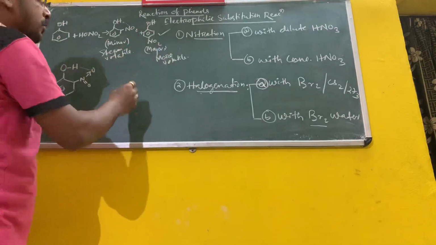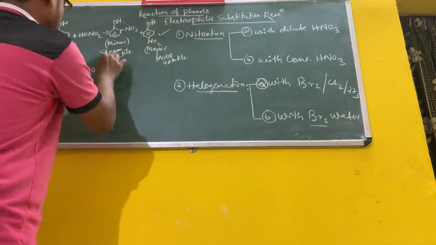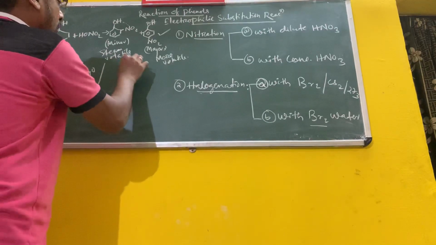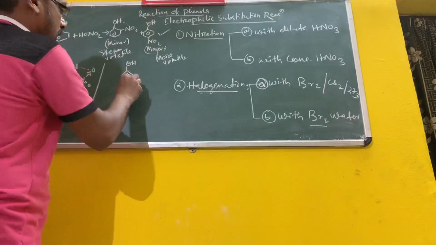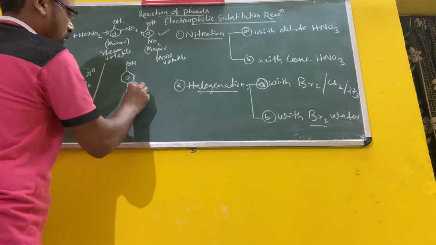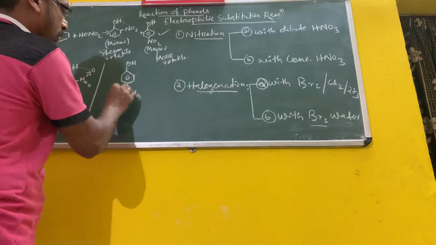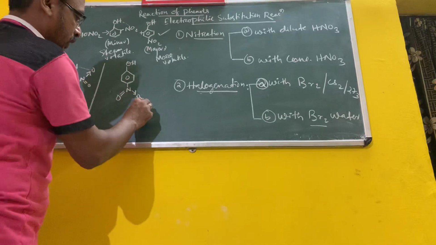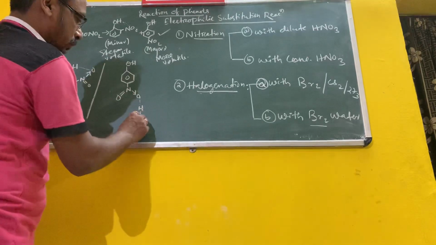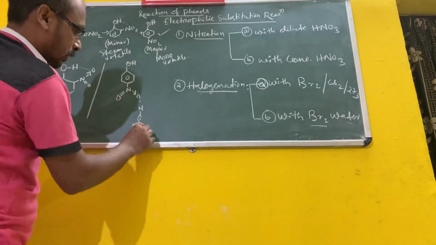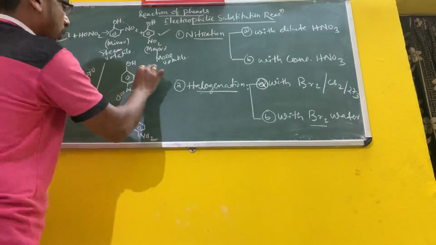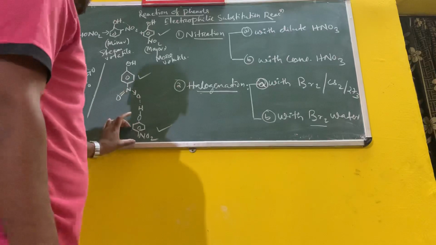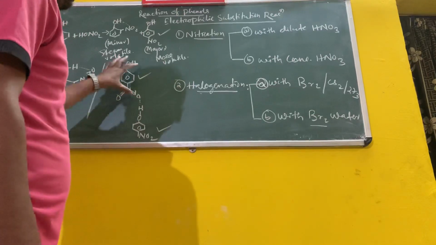Similarly for the major product, this is OH with NO2 at the para position. Both are para or ortho derivatives, but here the molecules are separate.